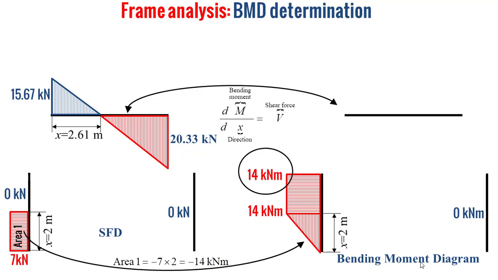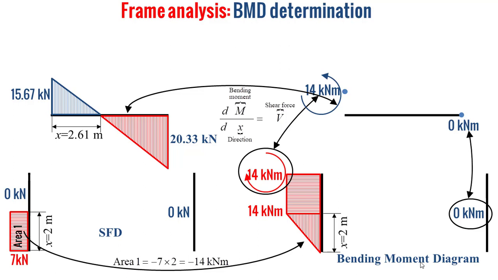Now this minus 14 kilonewton meter applied at the top of the left hand column will be transferred to the left hand edge of the beam as plus 14 kilonewton meter, and this 0 kilonewton meter applied over the right hand column will be transferred to the right hand edge of the beam.